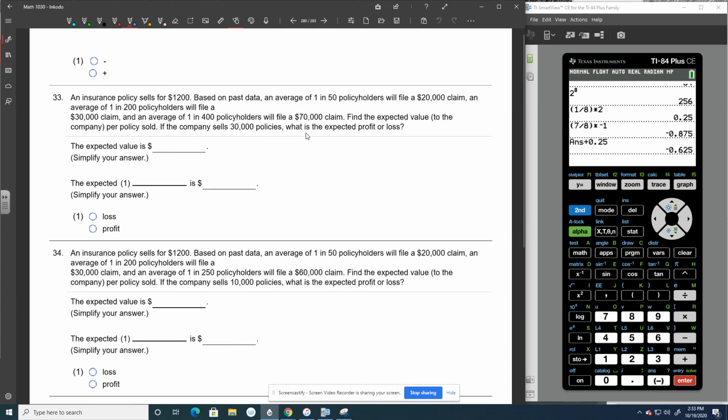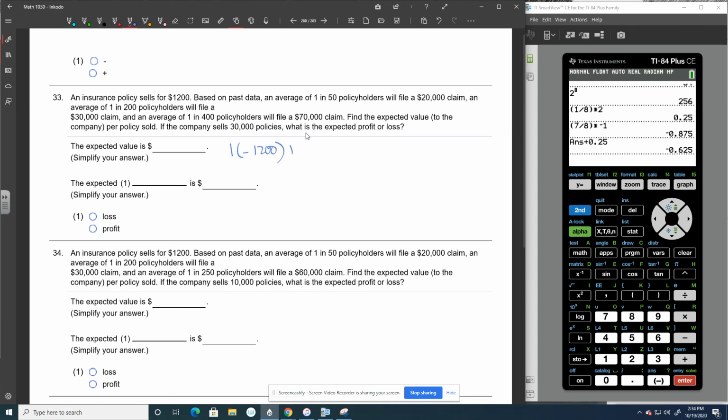33. An insurance policy sells for $1,200. Based on past data, an average of 1 in 50 policyholders will file a $20,000 claim, 1 in 200 will file a $30,000, and so on. What is the expected value? Well, I know 100% that I'm going to spend $1,200.